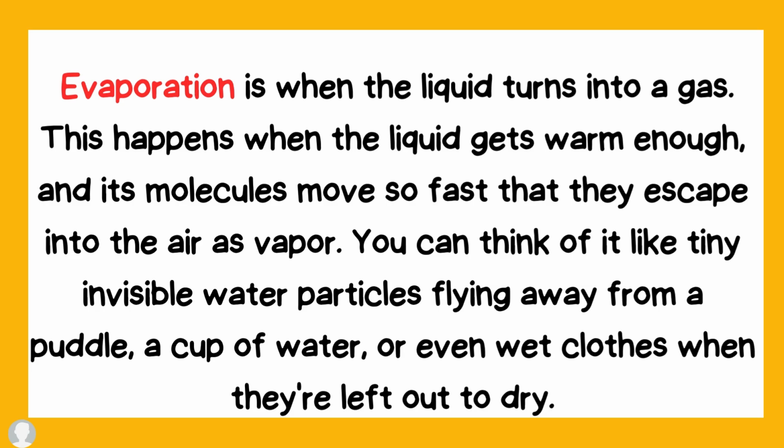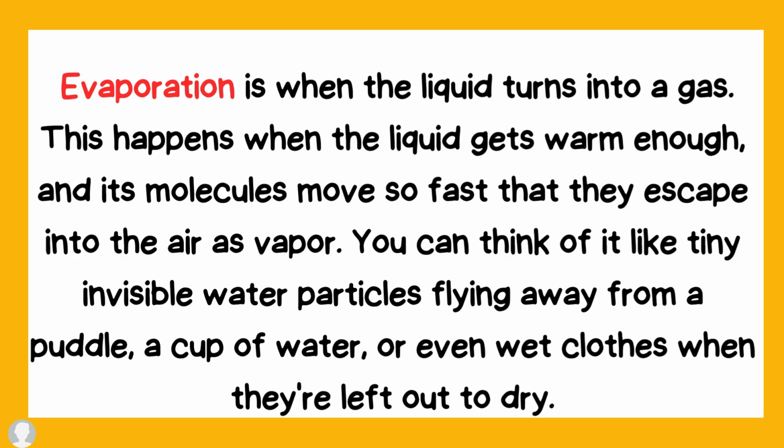Now let us learn about evaporation. So evaporation is when a liquid turns into a gas. This happens when the liquid gets warm enough and its molecules move so fast that they escape into the air as vapor.